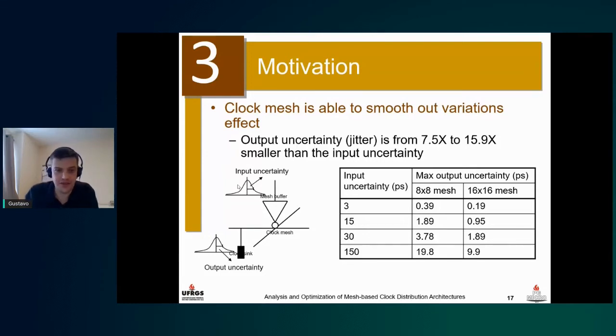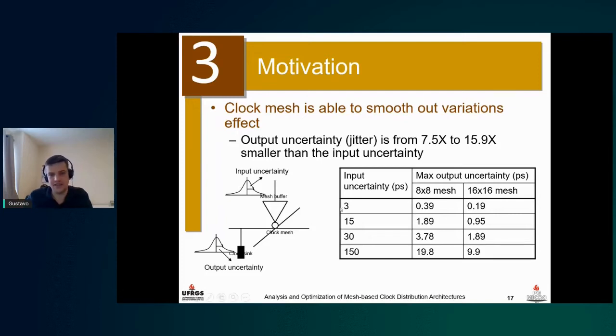Another advantage of the clock mesh is that it can also reduce the clock jitter, which is highly desirable because jitter changes from cycle to cycle. So it also impacts the guard bands that need to be added to the clock period. Here is a simple experiment showing how much of the clock jitter we can reduce for a given input uncertainty and for two different sizes of clock meshes.